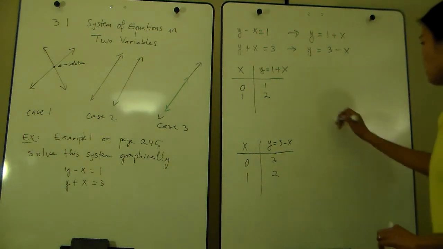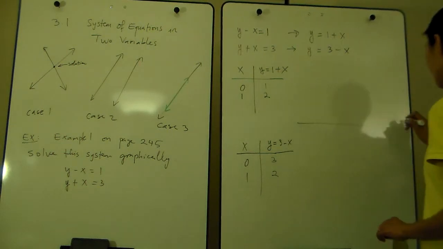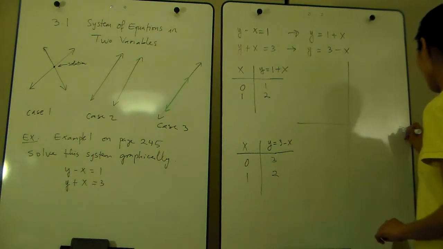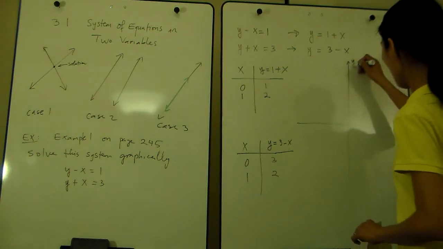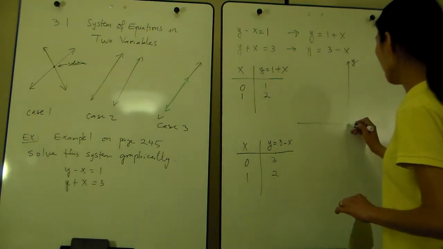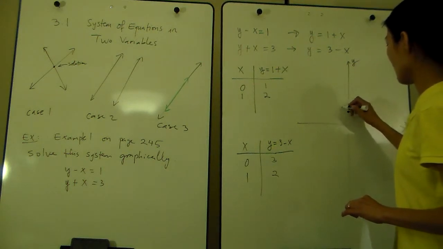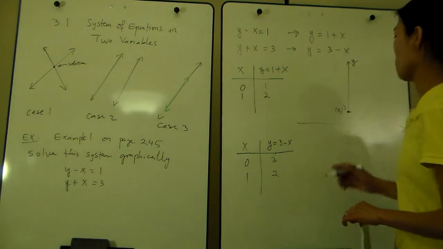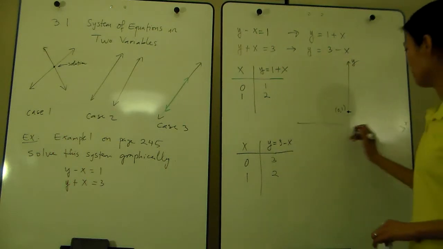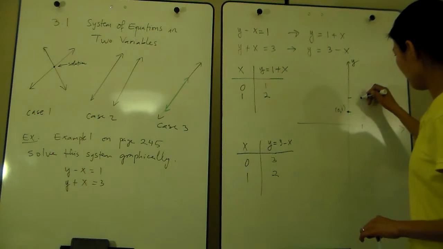So let's graph it. When x equals 0, y equals 1, so this point right here is (0, 1). When x is 1, y is 2, somewhere here.